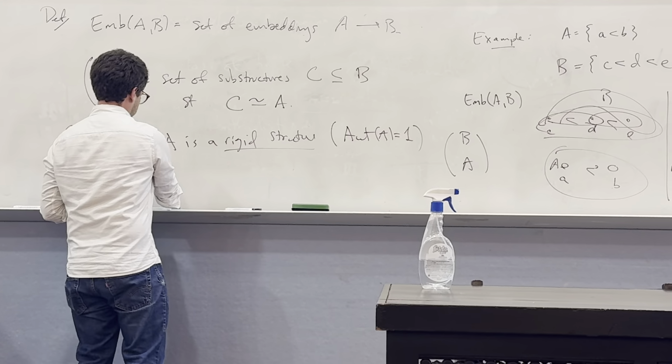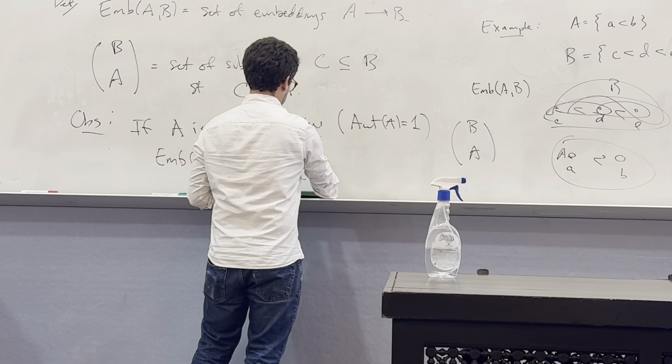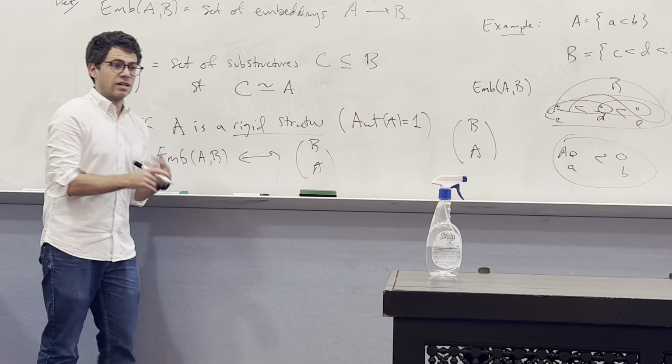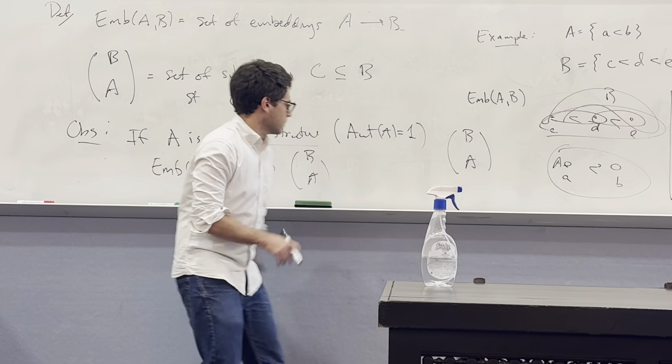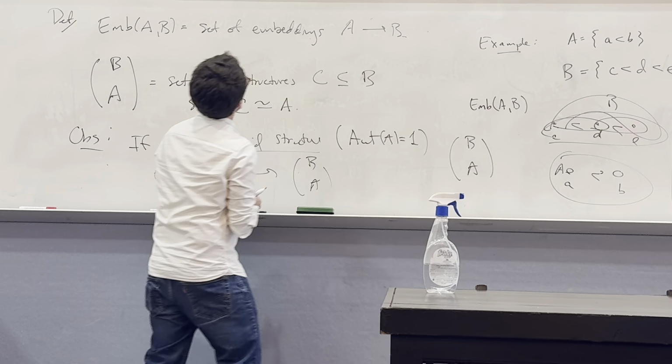The embeddings of A into B can be identified with the copies of A in B, because if you have no automorphisms, then once you know the substructure, you know exactly how to map it. There's a unique way, which we saw in this case. Cool. So I still haven't told you what a Ramsey class is.